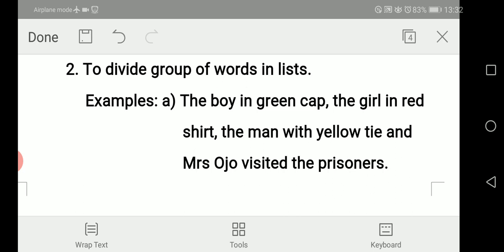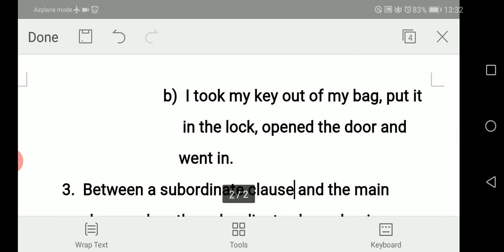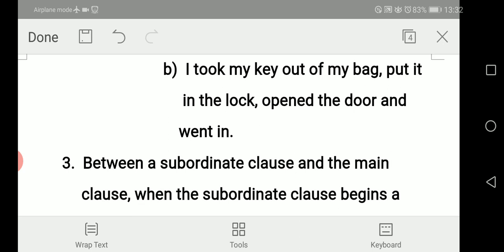I took my key out of my bag, put it in the lock, opened the door, and went in. The groups of words are separated by inserting comma after each group of words.